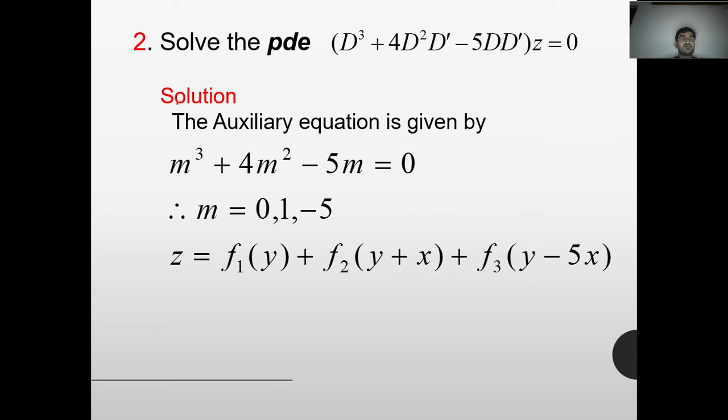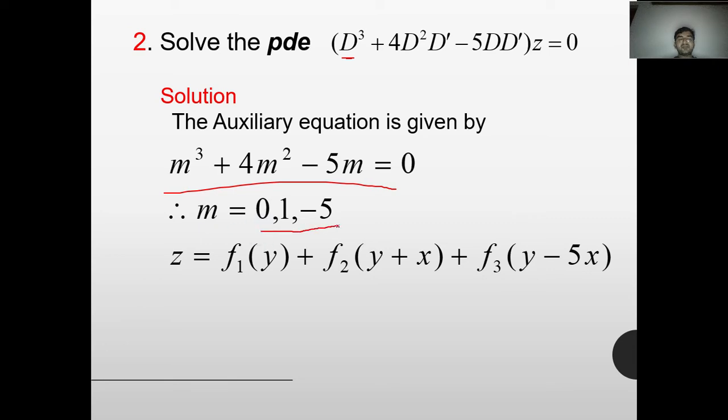Now we write the auxiliary equation by putting D is equal to m and D dash is equal to 1. So we get m cube plus 4m square minus 5m equal to 0. Solving this auxiliary equation, we get the roots 0, 1 and minus 5.